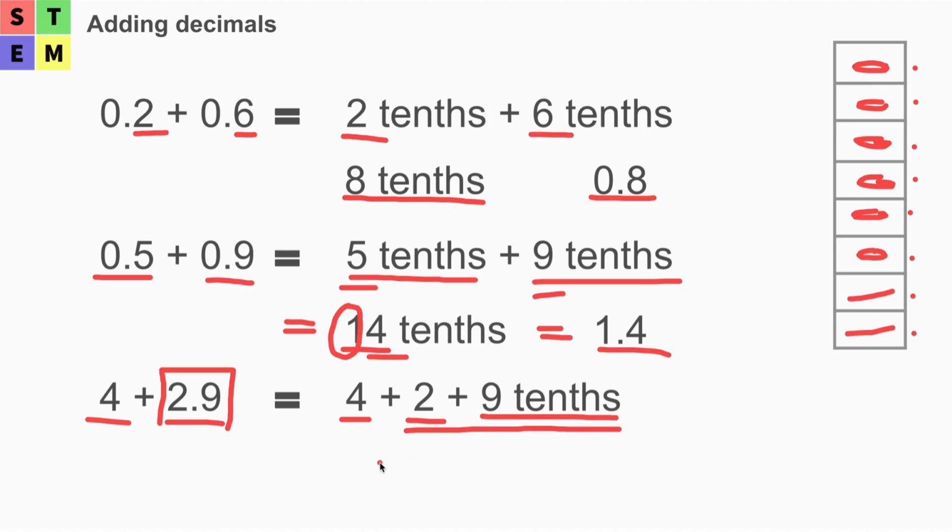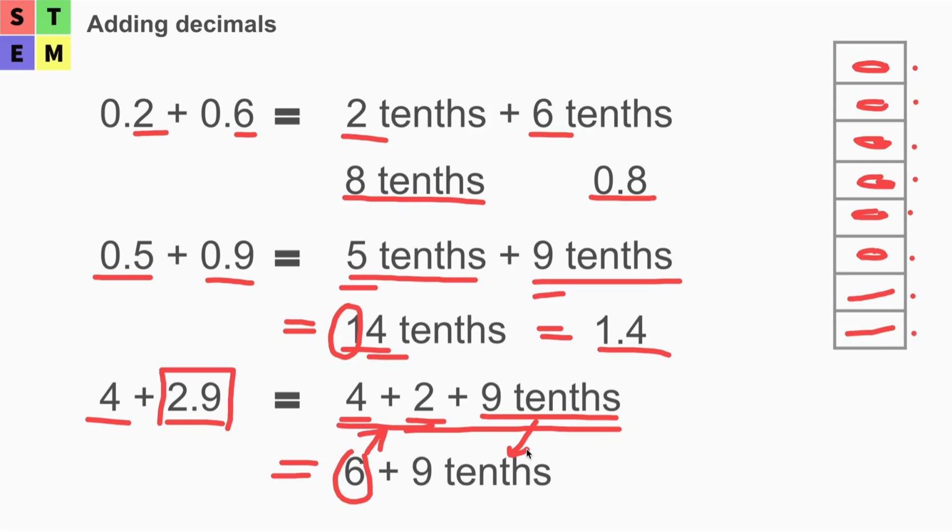So now we're going to do the calculation. That will be 4 plus 2, which is 6, plus 9/10, right? So 6 plus 9/10. Okay, so 6 is coming from 4 plus 2, and we got the 9/10 here.